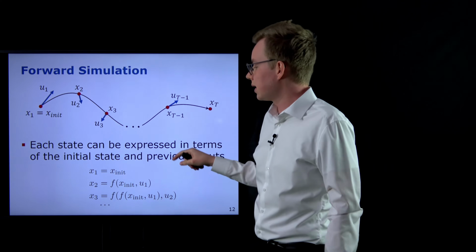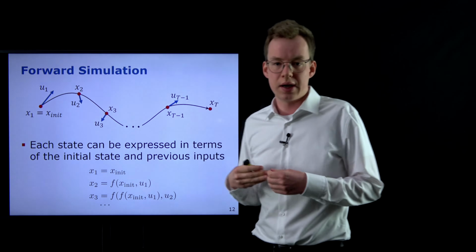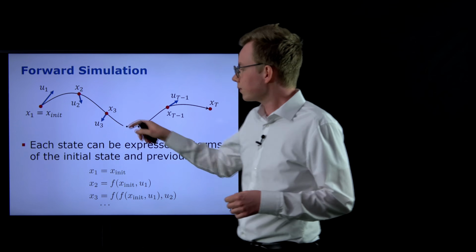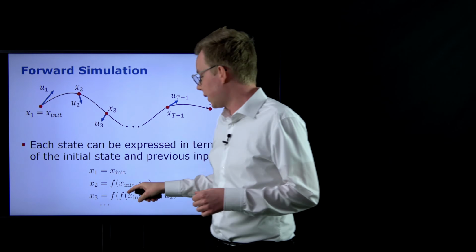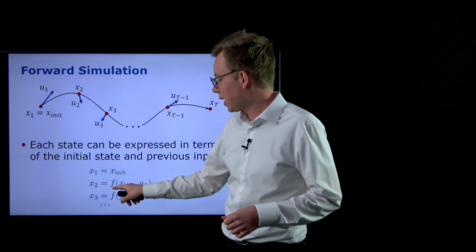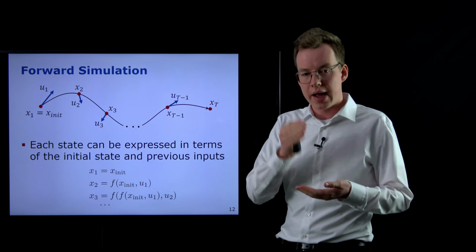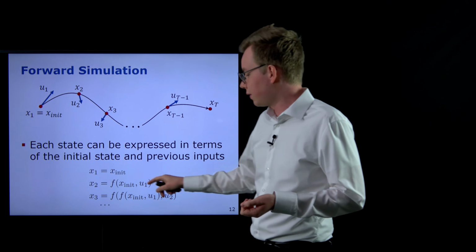And so the idea is that we can write, trivially, x1 as x init, because that's just our initial constraint. And then x2 we can write as just simulating the dynamics one step forward in time. So we apply f, which was our dynamics function, which takes x one step into the future.